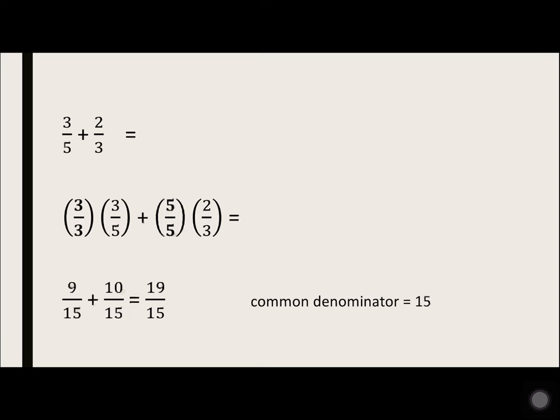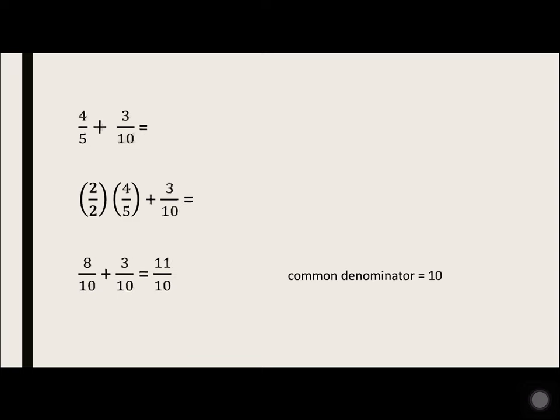So 3 over 3 times 3 over 5. 3 times 3 is 9. 5 times 3 is 15. 5 over 5 times 2 over 3. 5 times 2 is 10. 5 times 3 is 15. Notice I put in bold what you're multiplying in. 9 plus 10 equals 19 over 15.